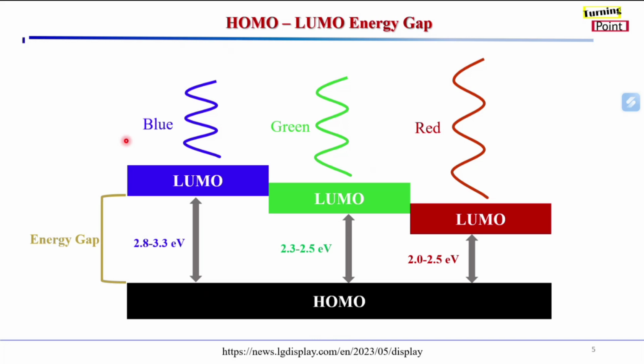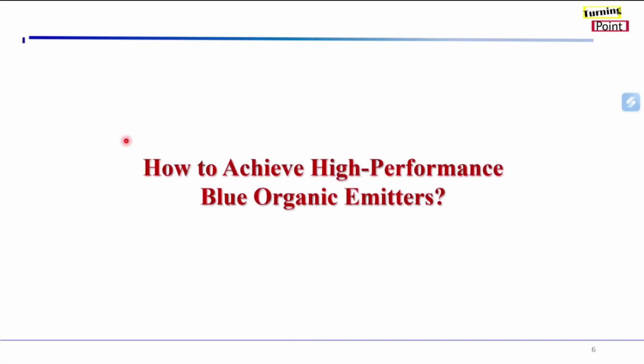And at this energy, most organic molecules and the device itself are chemically unstable. Still, we need a good blue emitter to achieve a high color purity display. So now the natural question arises: how to achieve a high performance blue organic emitter which has both color purity as well as good stability.